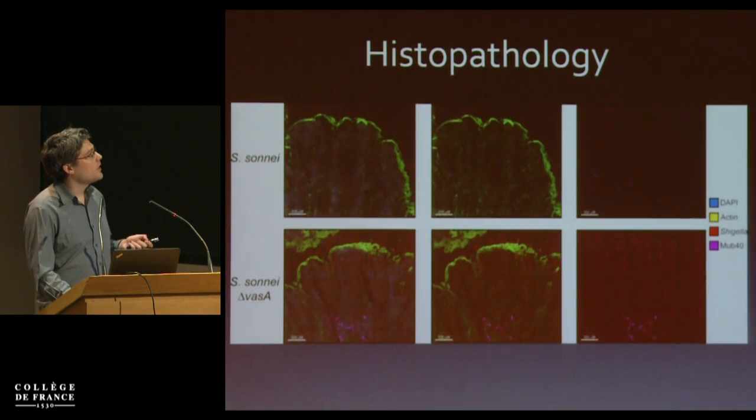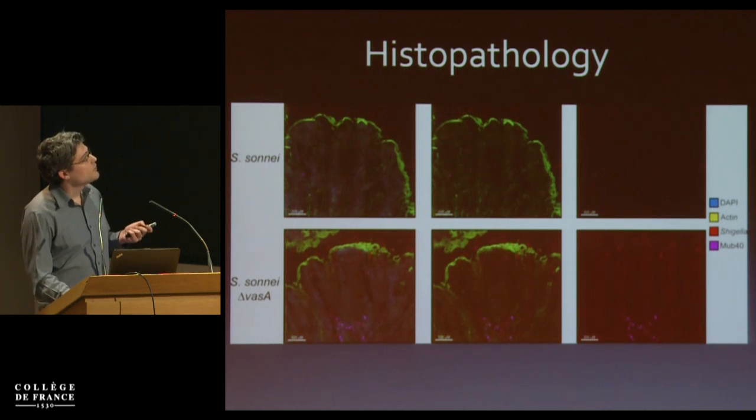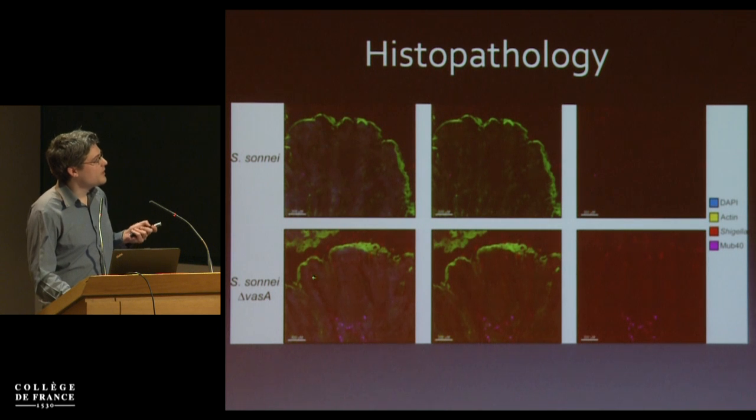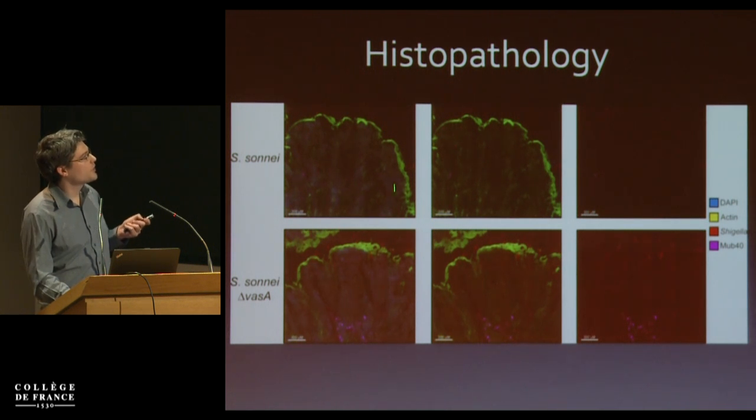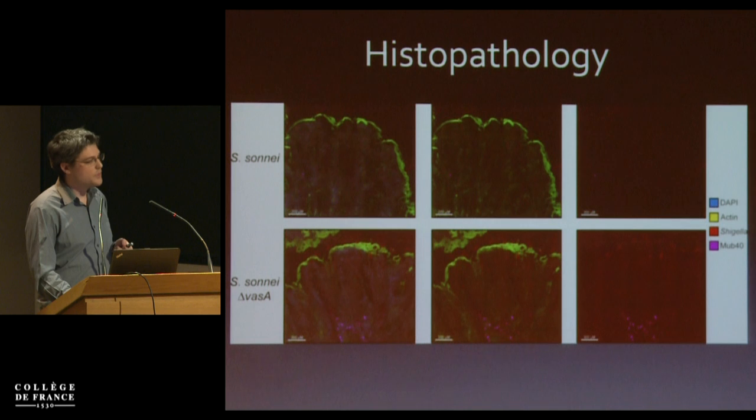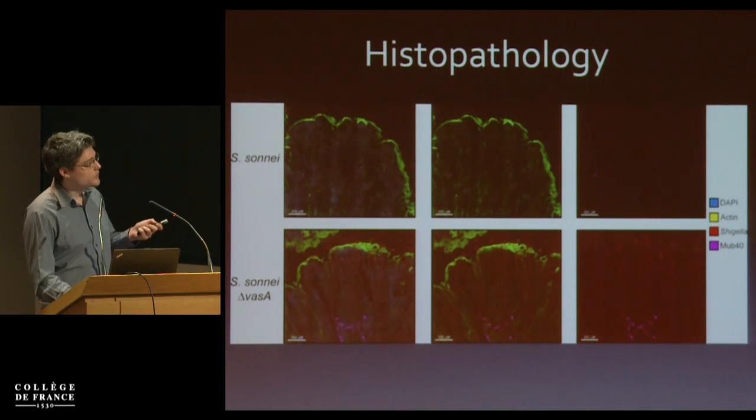Looking at the histology of streptomycin pre-treated mice, we see that Shigella sonnei, whether or not it has the type 6 system, is able to enter the tissue, but it does not cause the tissue destruction that we see in the guinea pig. If you remember the guinea pig, it was all torn up. Well, this is much smoother. It's fully intact, but the bacteria are still in the tissue.